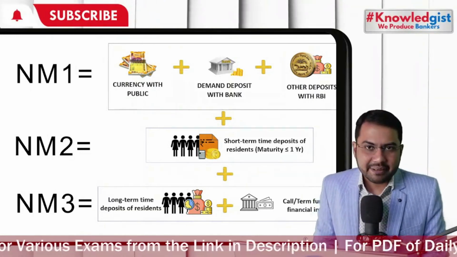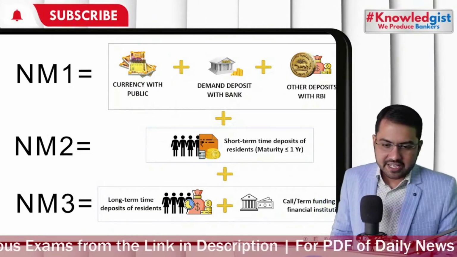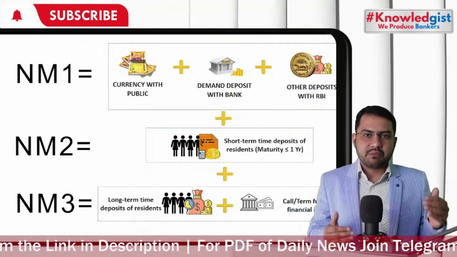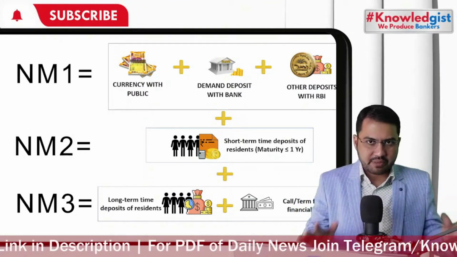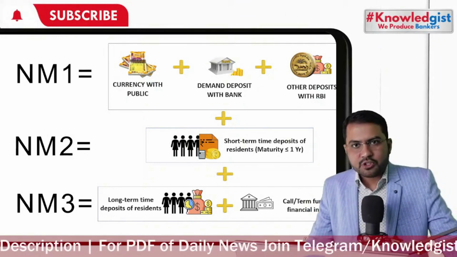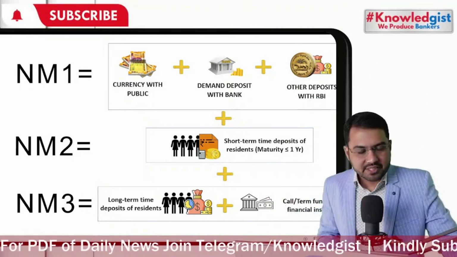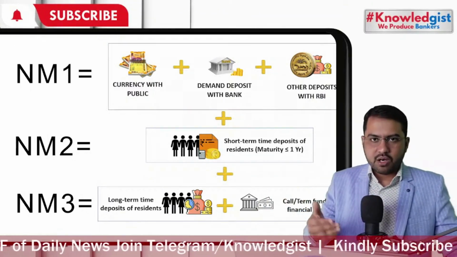That is called NM3. Clear? Either they will ask you M0, M1, M2, M3, M4. M0 remains the same. M1 almost remains the same with NM1, but there is a change in NM2 and NM3, and they are not discussed in the new format.